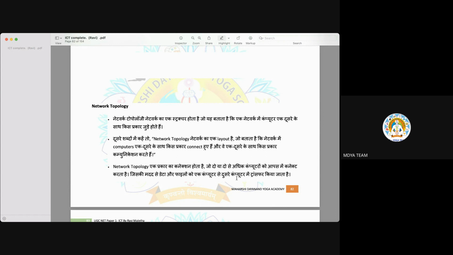It's a layout, you can say, of how the devices, the peripheral devices, and the various systems placed at various places are connected, and how the communication between them occurs. So basically, it's a connection between two or more computers.